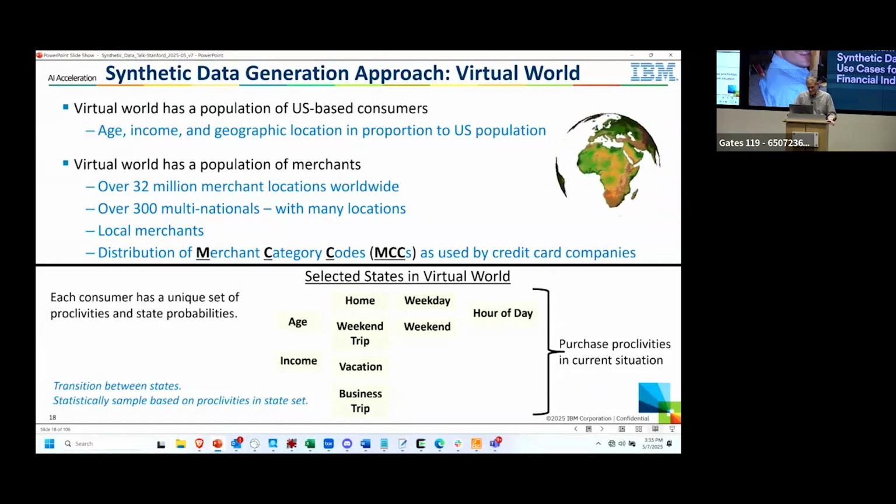Likewise, people who have a lot of money tend to spend differently than poorer people. Although, again, we have frugal rich people, and we have people who have less income but really want to live life to the fullest and spend as much as they can. And of course, things are different if you're at home or you're traveling, and the type of travel really matters. So we model all of that.